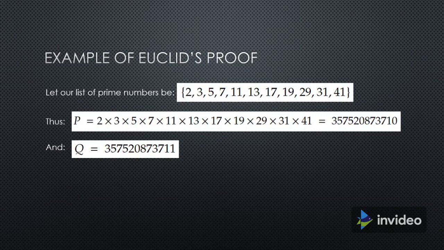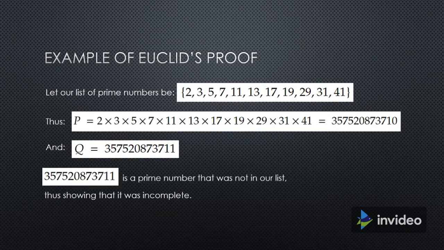And we'll add 1 to that to get Q, giving us 357,520,873,711. Now, using this as an example, we have our initial list of prime numbers, but we also have Q, and it turns out Q is a prime number, and more importantly, it was a prime number that was not in our original list, which proves that our list was incomplete.